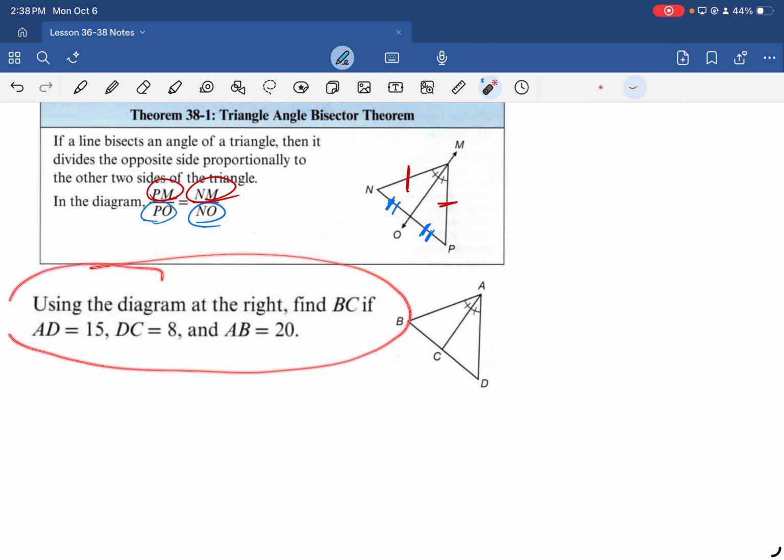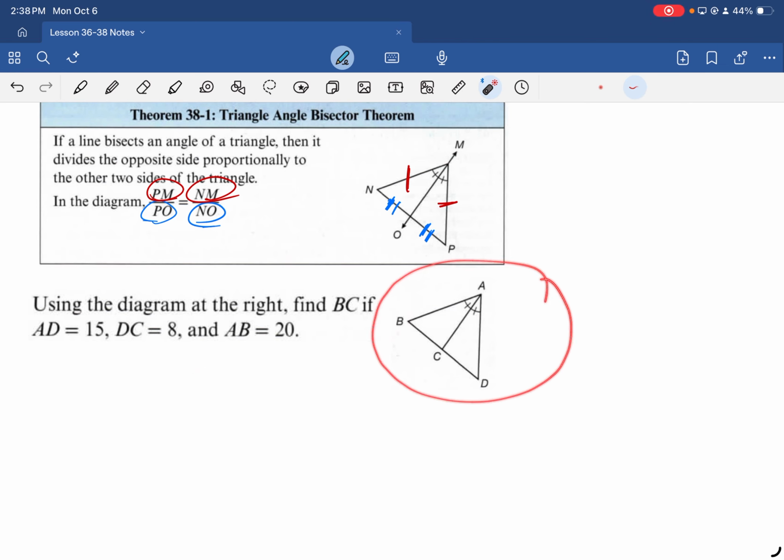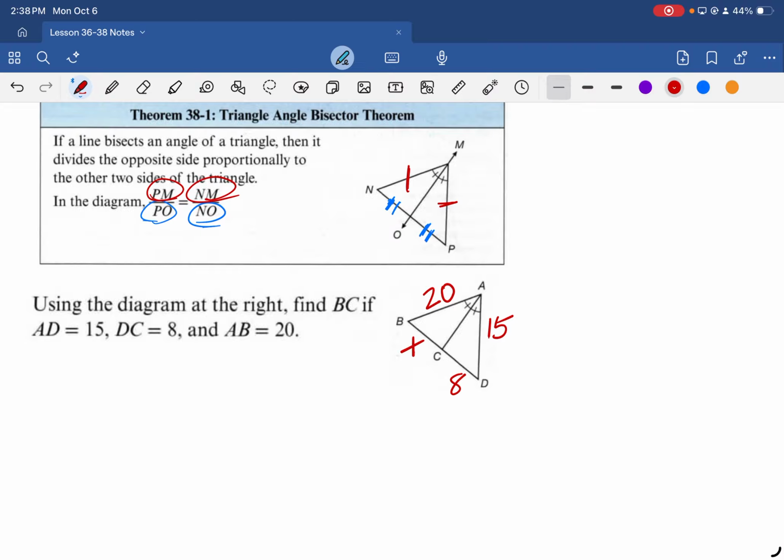Down here where it says, using the diagram at the right, find BC. They want us to find what this is. If AD is 15, I'm going to fill this in. They said AD 15, DC 8, AB 20, and they want us to find this.